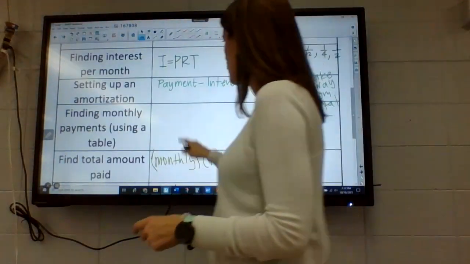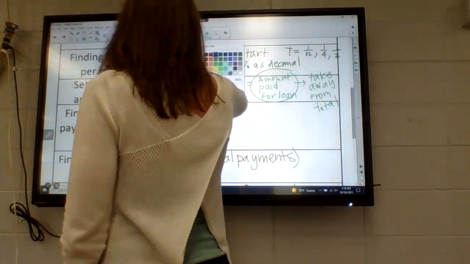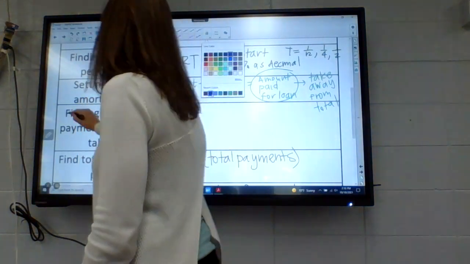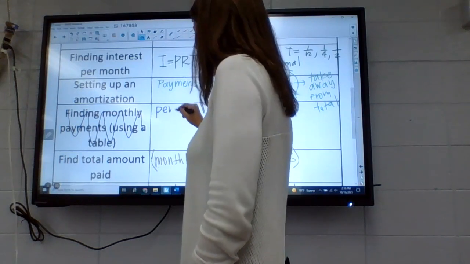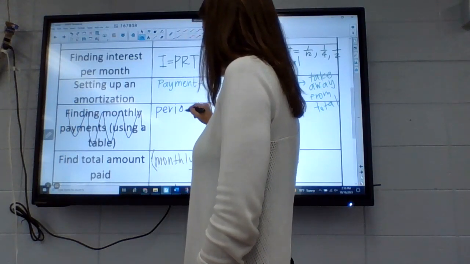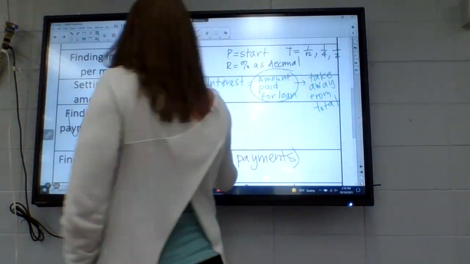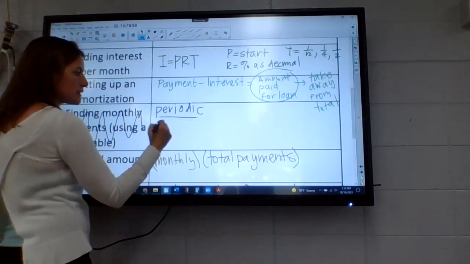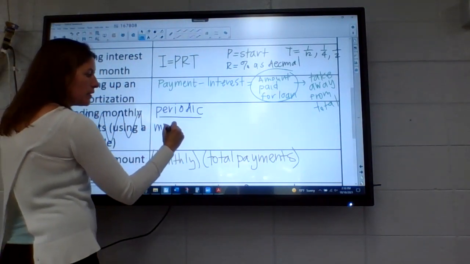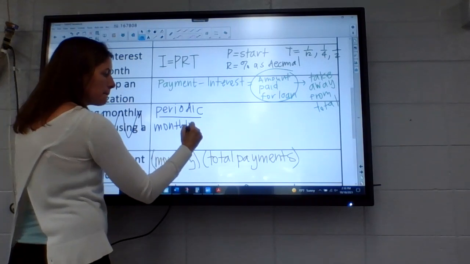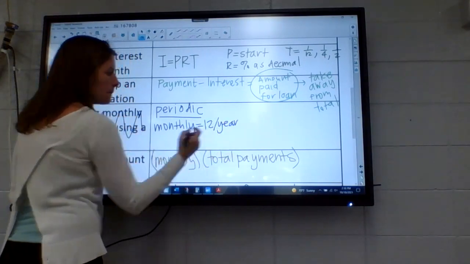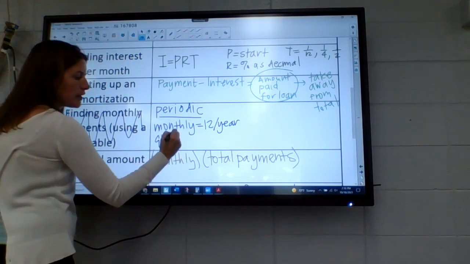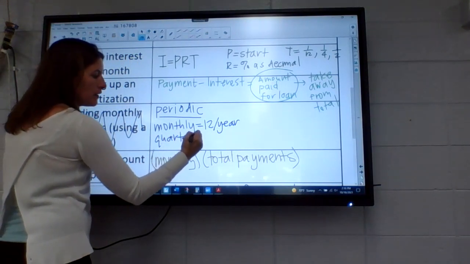So I might change this real quick here, just to add a little bit. When we talk about periodic, what I mean by that is monthly is 12 per year. Quarterly is 4 in a year.